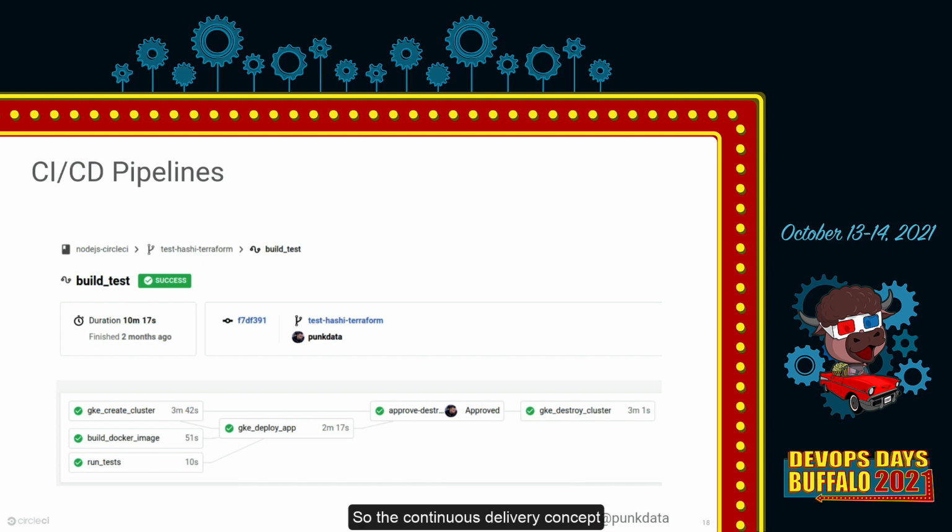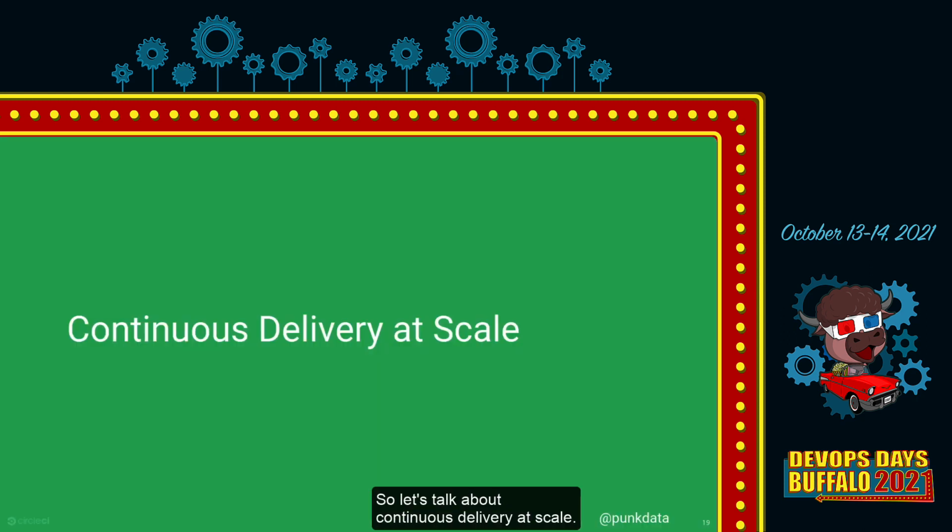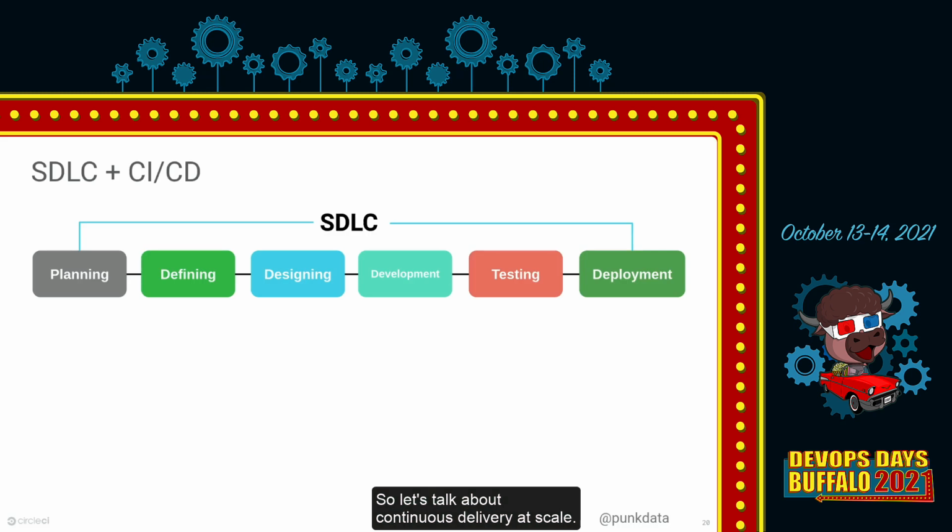So the continuous delivery concept reflects your SDLC processes, and it automates those processes to ensure that everything's running consistently and efficiently. So let's talk about continuous delivery at scale.